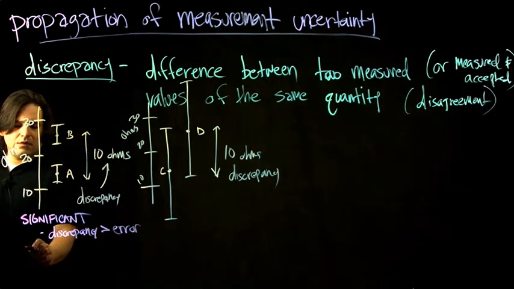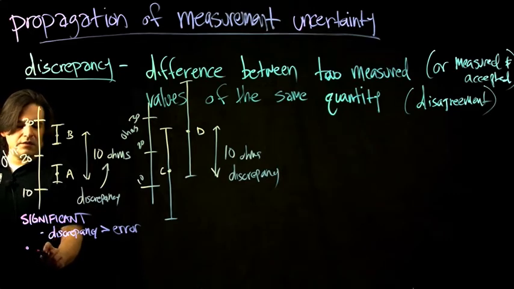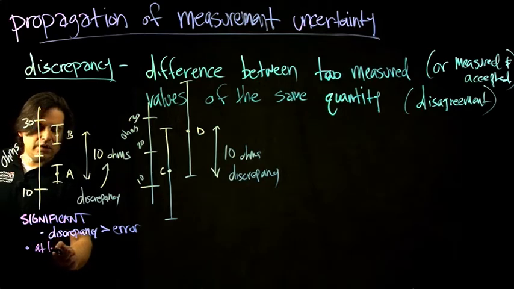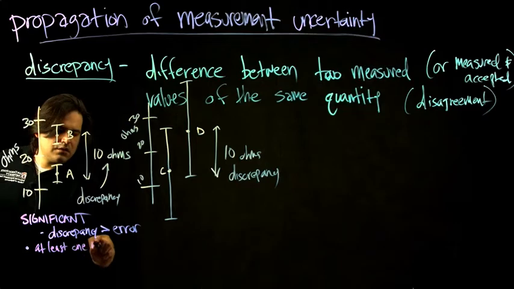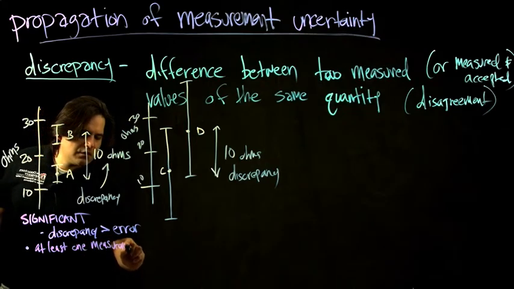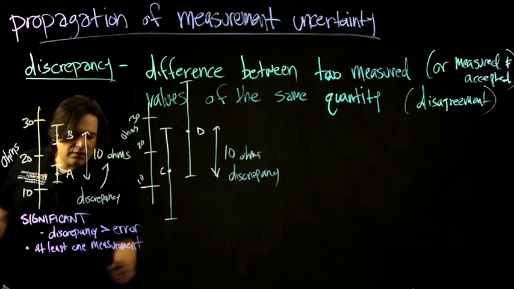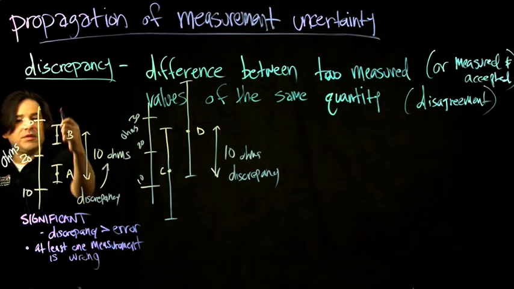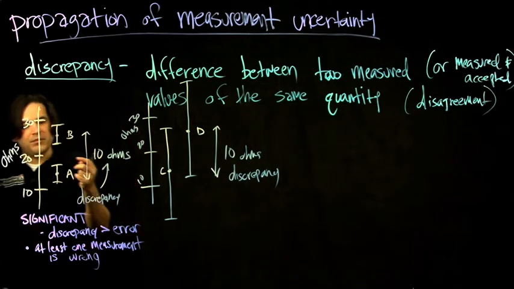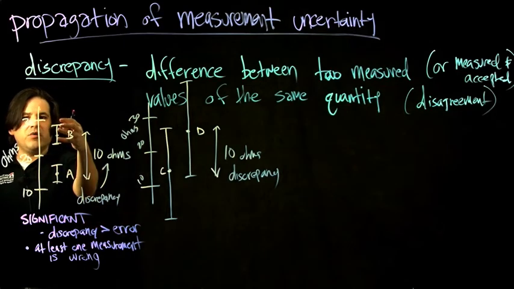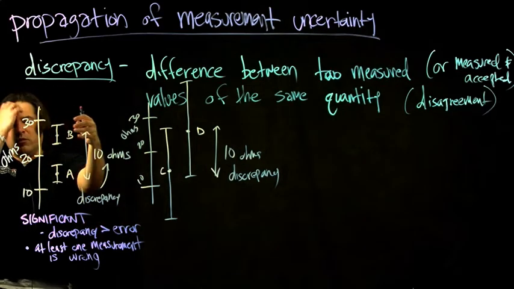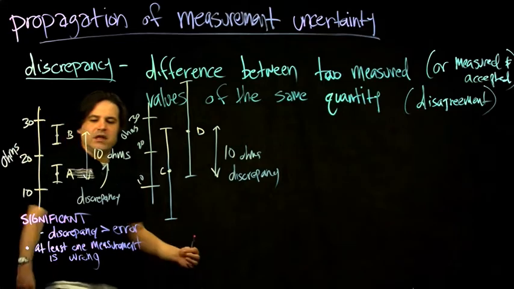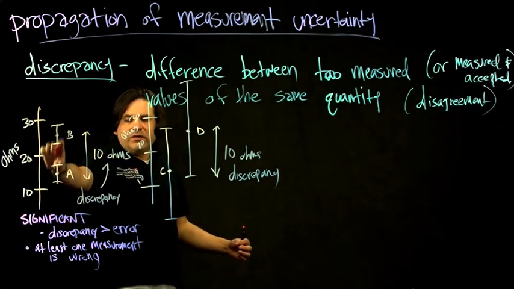And so what you conclude here is that at least one of the measurements is wrong. They might be precise, they give a small error bar, but something is wrong with the measurement. Assuming the error bar is correct and they're reasonable reports of the error bar, one of these measurements is wrong, because the difference is bigger than their error bar.